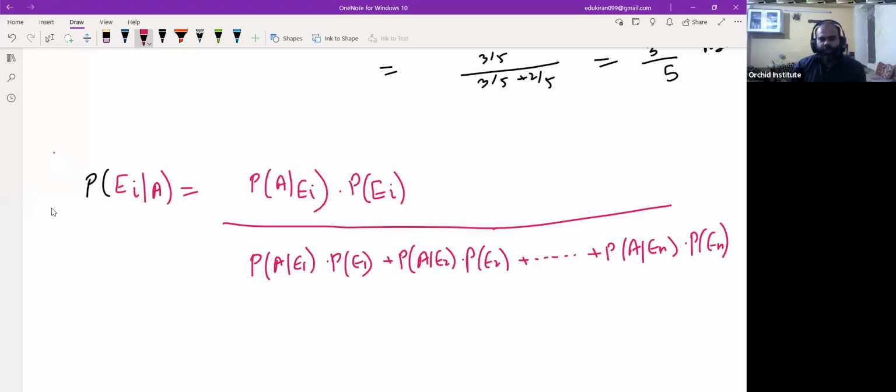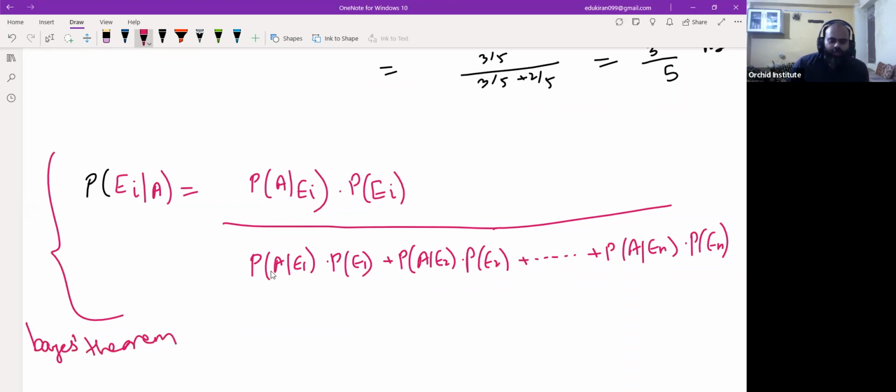So this is the Bayes theorem. Have you understood it? Yes. Okay. So we'll see a few questions on this theorem.